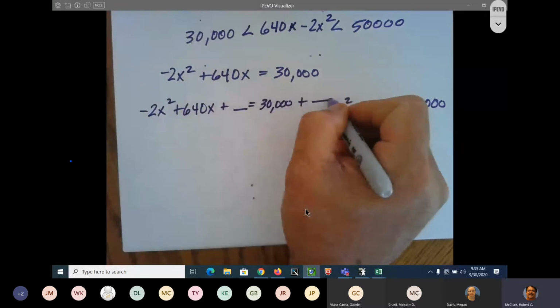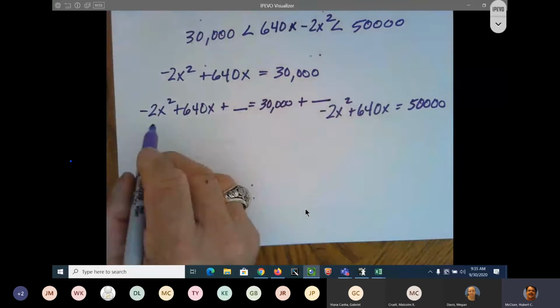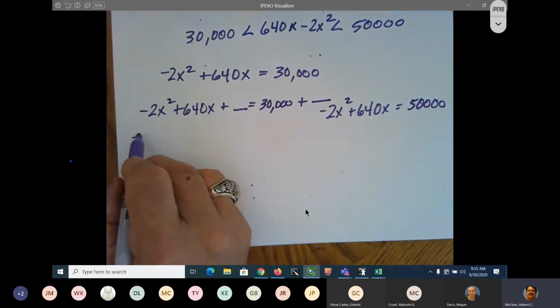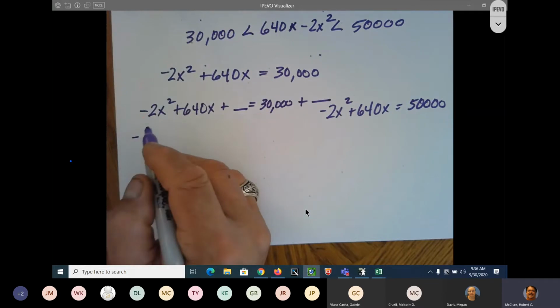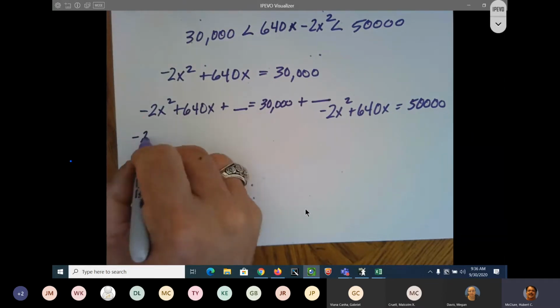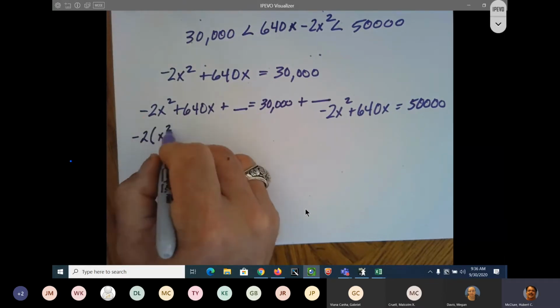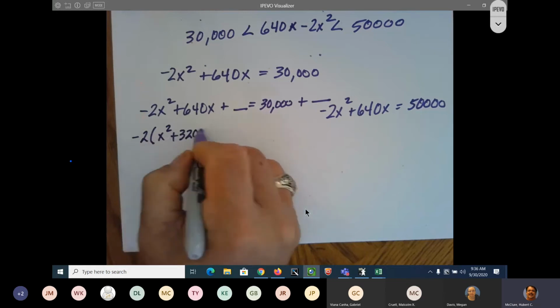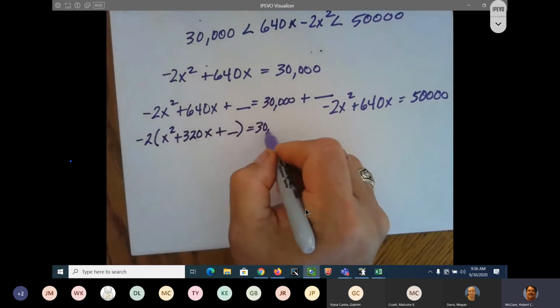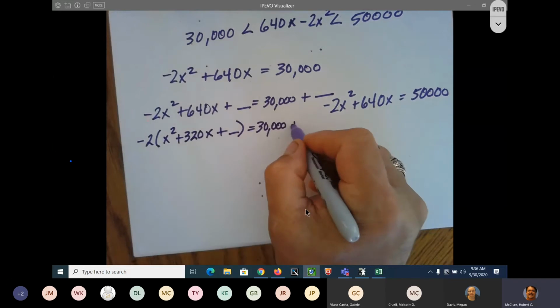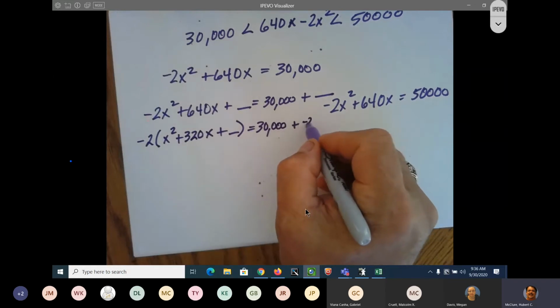It's just going to be negative 2x squared plus 640x plus blank is equal to 30,000 plus blank. Factor out a negative 2, and that's going to be negative 2 times x squared plus 320x plus blank is equal to 30,000 plus negative 2 times blank.